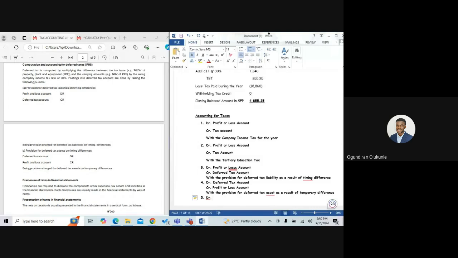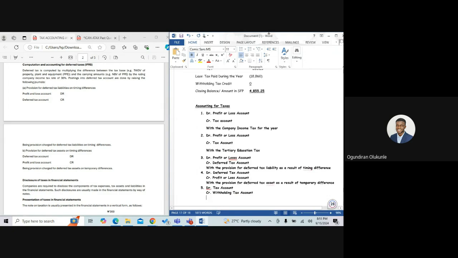Number 5, debit the tax account and credit the withholding tax account with the withholding tax credits received during the year.